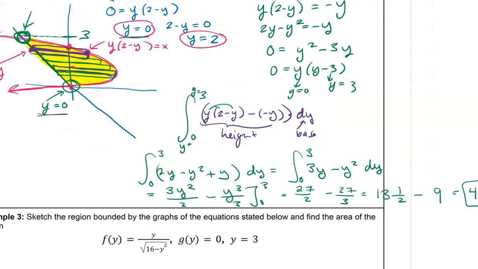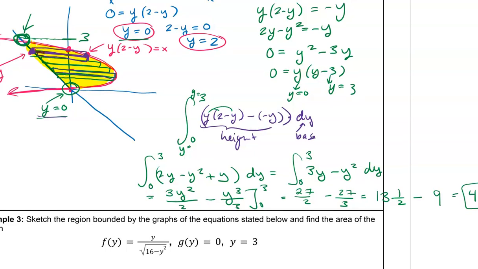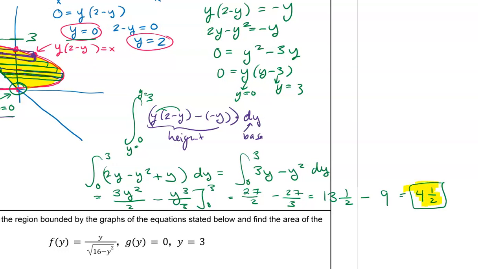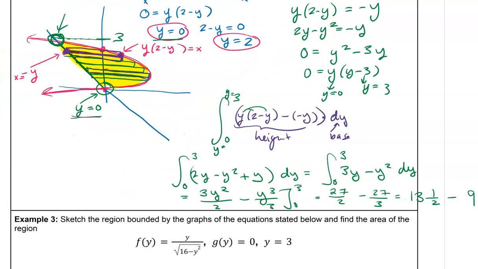So it looks like the area of this yellow region in here is equal to 4.5 square units, based on these base times height, height times base, area problems summed up from 0 to 3.